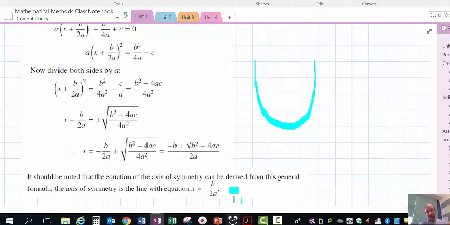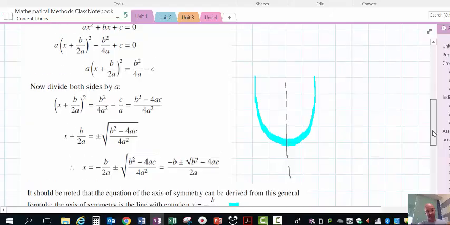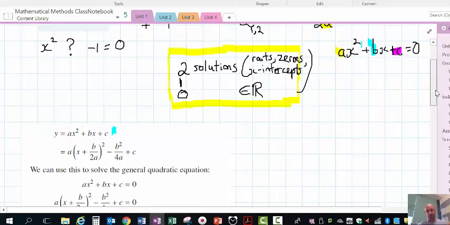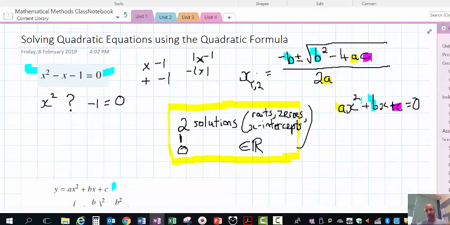So the axis of symmetry can be derived from this general formula. It's the line of equation negative b over 2a, and it'll be a vertical line in a lot of cases. However, we're getting ahead of ourselves. That negative b over 2a will be explained in a later video, and it's not essential that you know the derivation you can see down the side there, but some people are interested in where things come from.